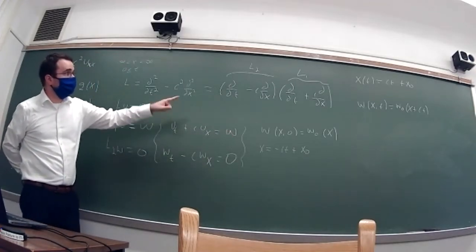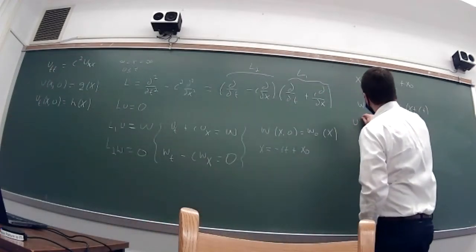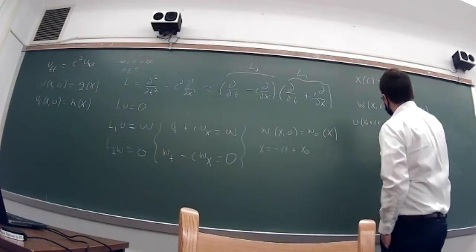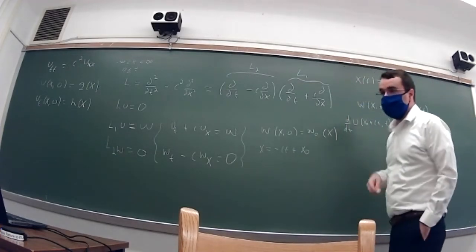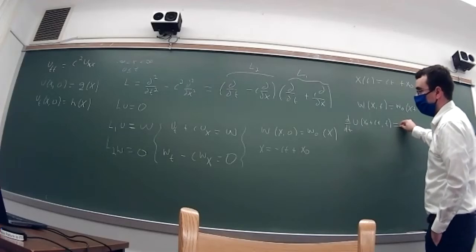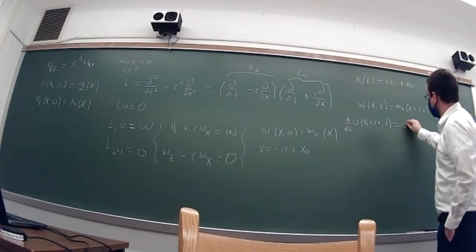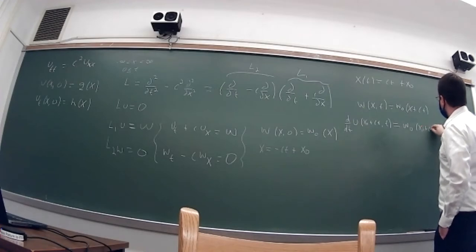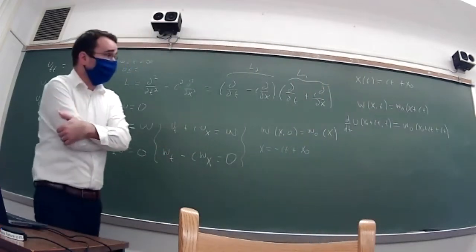So plugging in the characteristic line x of t into u, and taking the derivative. So just write it all out for the moment.